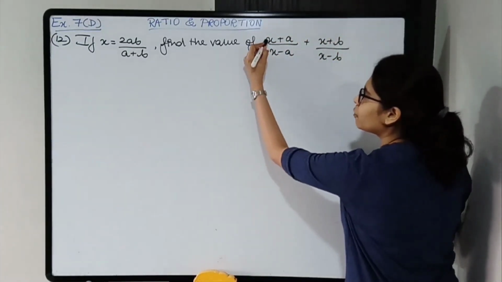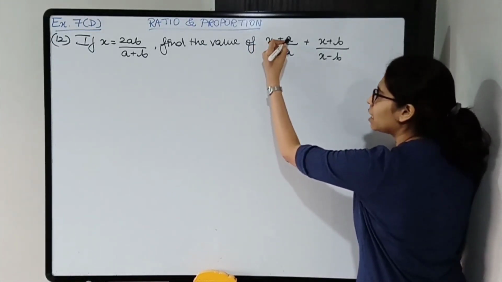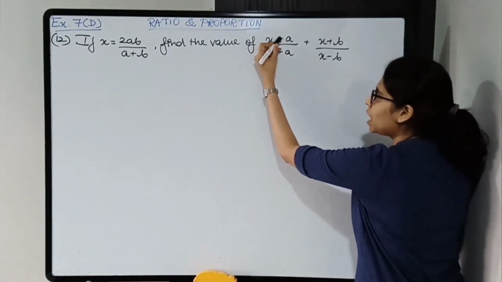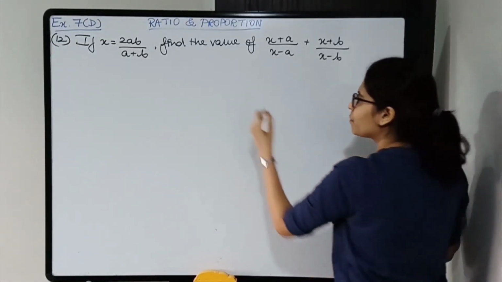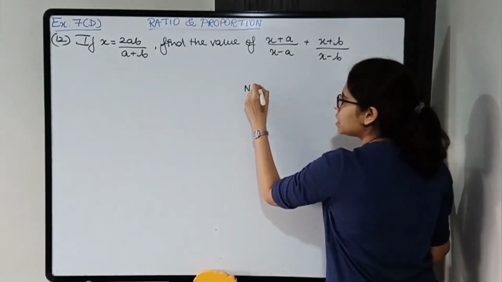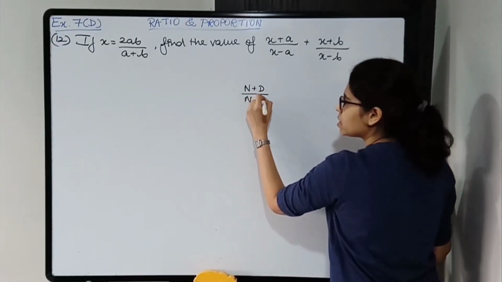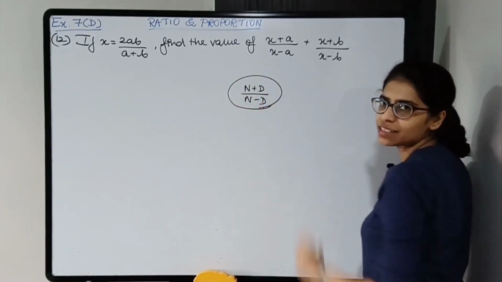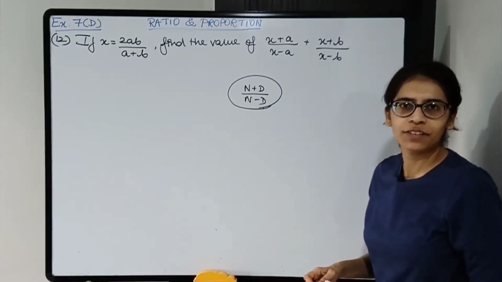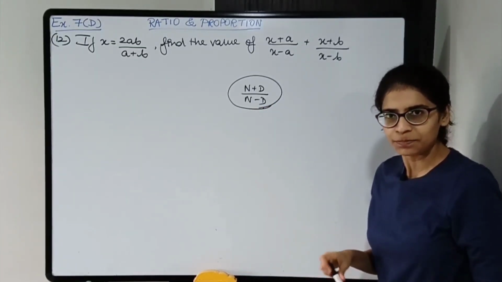So we have x, a, plus minus. So this is of the form numerator plus denominator upon numerator minus denominator. And which property is this? Componendo dividendo, है ना?